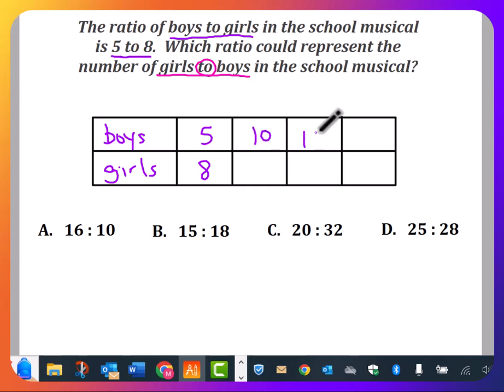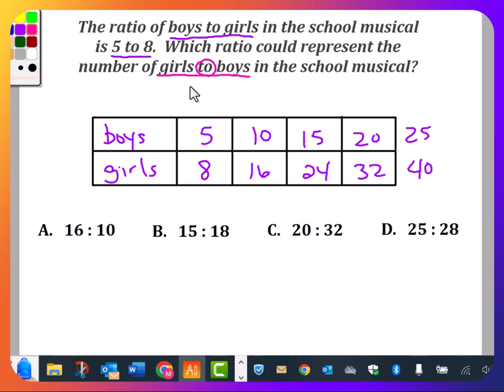The next multiple would be 15, then 20, then 25, and so on. Now, do the same thing for the 8. List your multiples: 8, 16, then 3 8s would be 24, 32, 40, and so on. Now let's see if we have enough in our table to help us answer this. We want the ratio of girls to boys, which would be equivalent or equal to this.